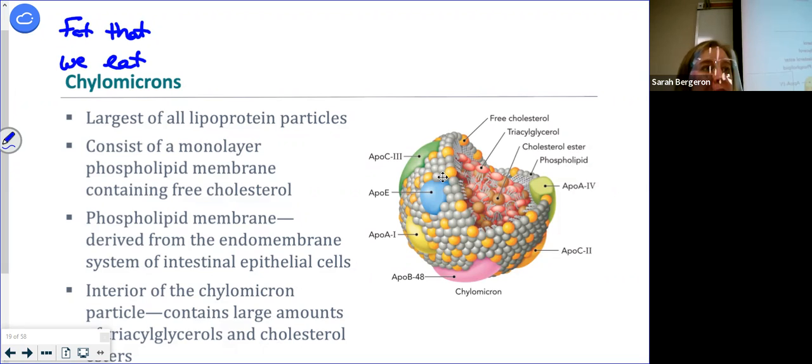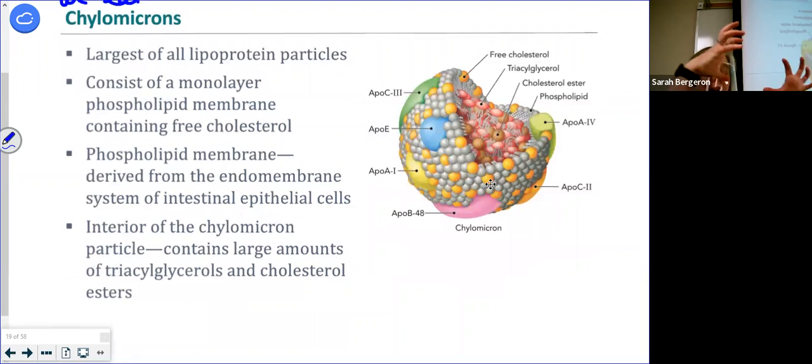We have the same types of lipids, we have proteins there, we have cholesterol there. But the difference is that it's more like a micelle, forming a ball around the triacylglycerides that we want to take to our adipocytes.